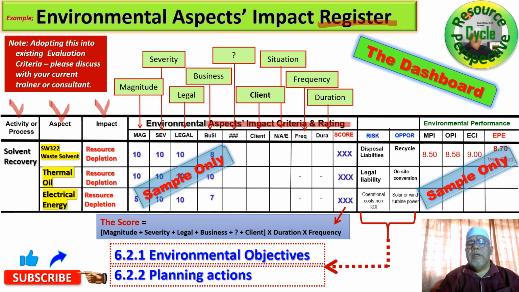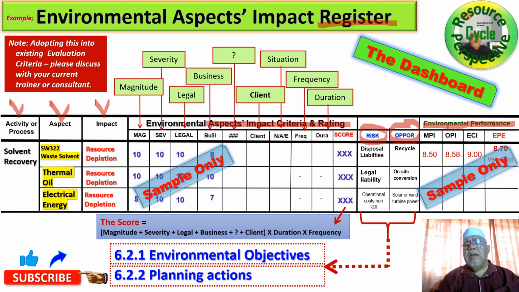Importantly, what I want to show you is that for ISO 14001 version 2015, we have included here the risks and opportunities in our dashboard. And I have also included in my recent work environmental performance. Some companies have done this, and we began doing it in 2010 and 2011, but some companies declined. They want to have environmental performance here, because I have been using ISO 14031 for environmental performance evaluation, and it worked very well.